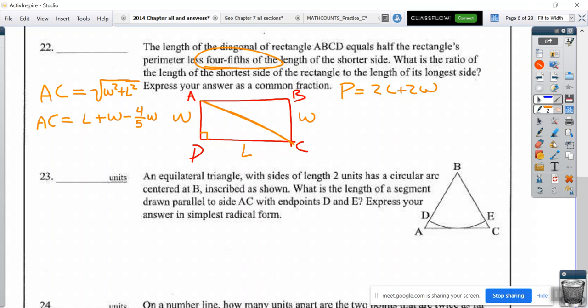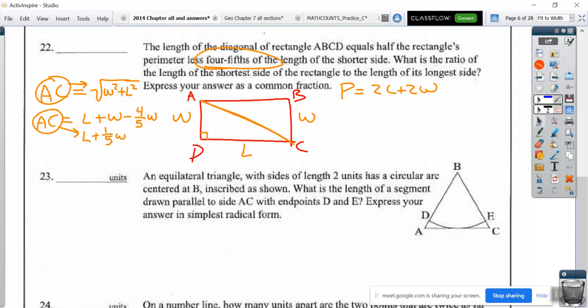What is W minus 4/5 W? 1/5 W. Right. Now here's the thing. We know that AC is equal to L plus 1/5 W. We also know that AC is equal to the square root of W squared plus L squared.